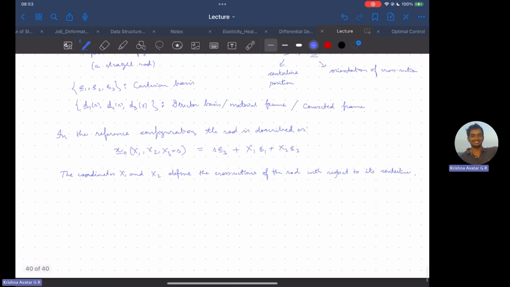Now let's look at the deformed configuration.